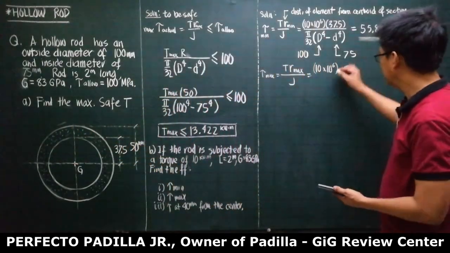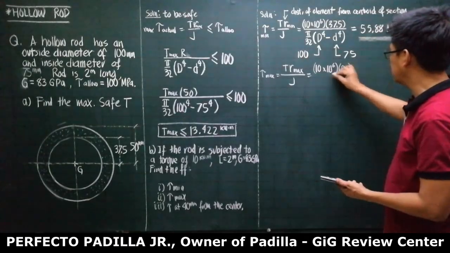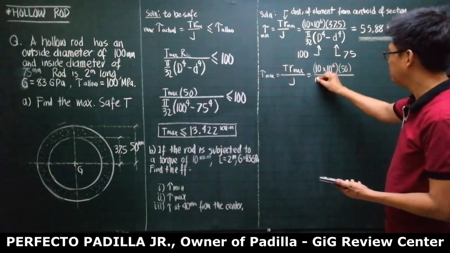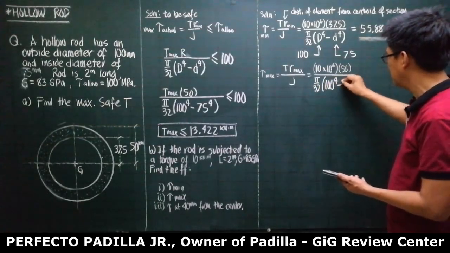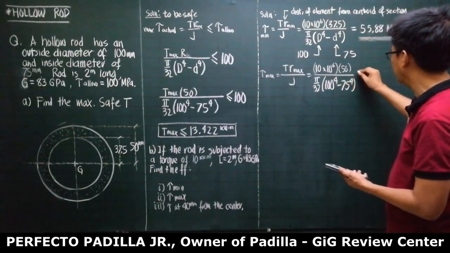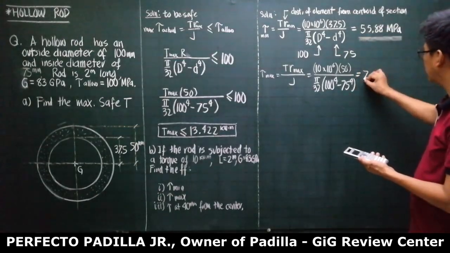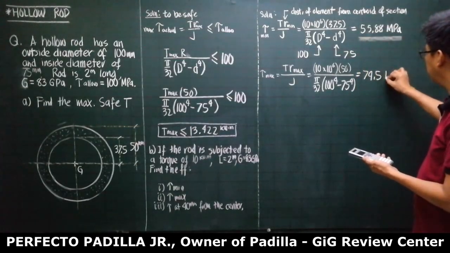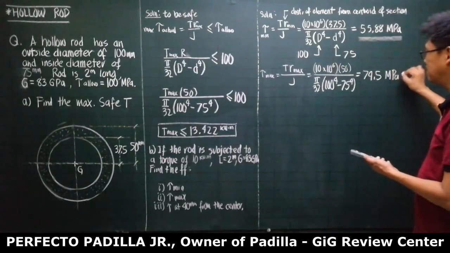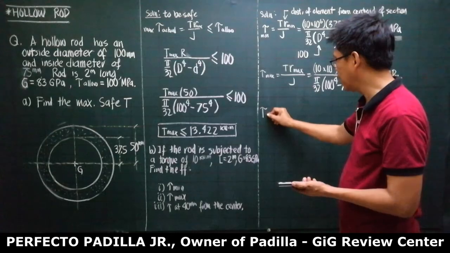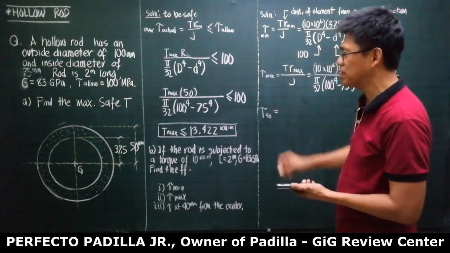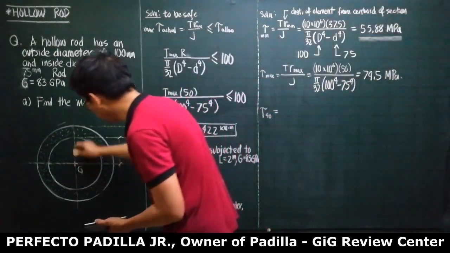So this is going to be 50 over J, pi over 32, 100 to the fourth minus 75 to the fourth. And this is 74.5 megapascal. You get it?